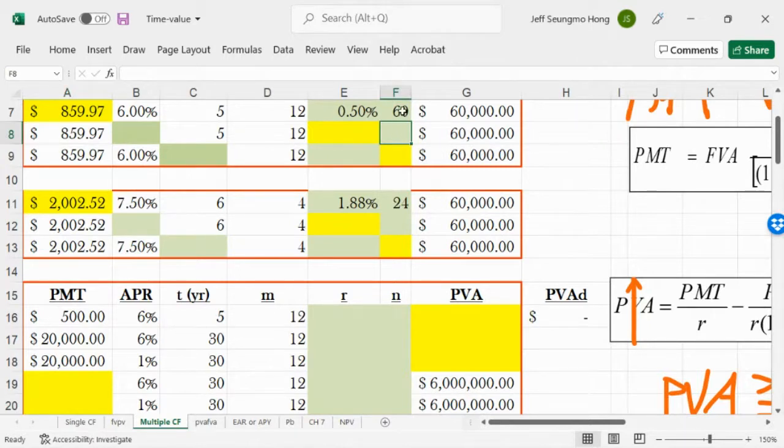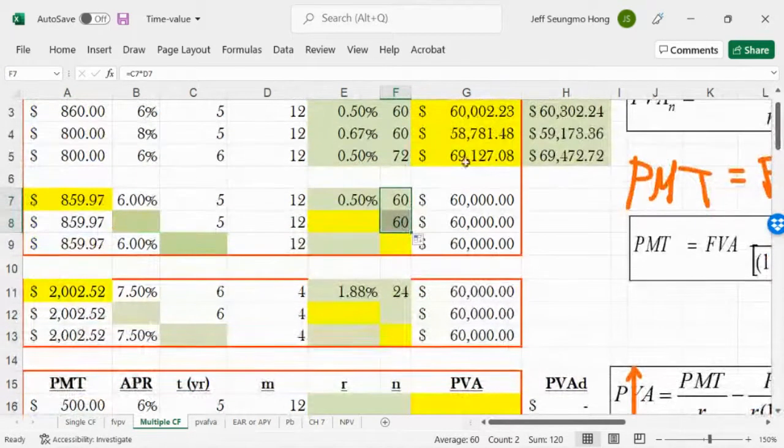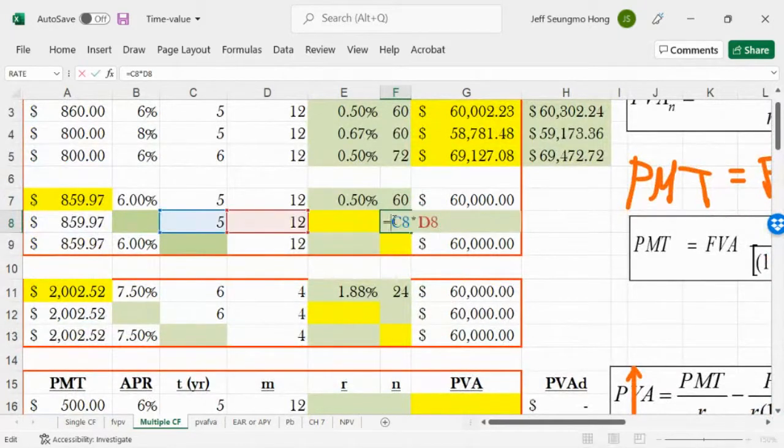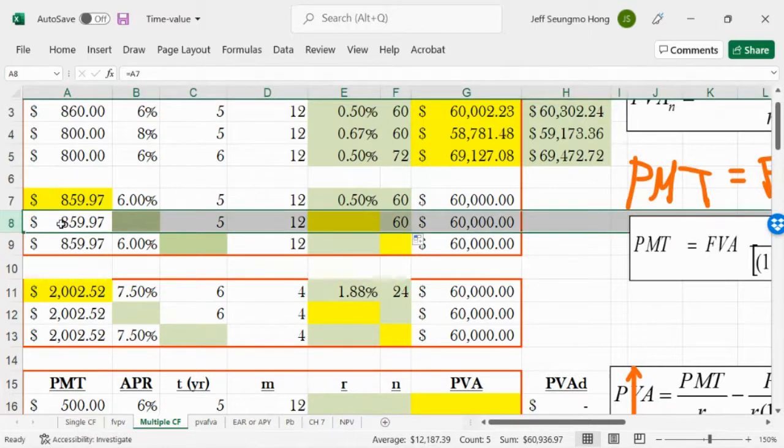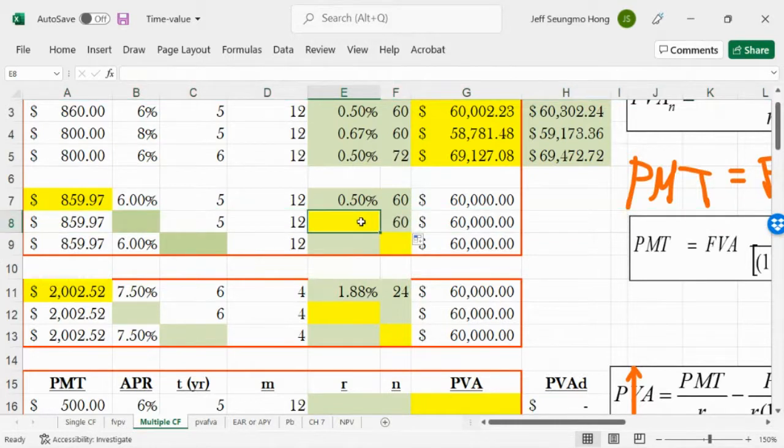Before we do that, we have to have n ready, and because we are dealing with monthly compounding, the rate is the monthly rate. We must first find the monthly rate and then convert it into annual.